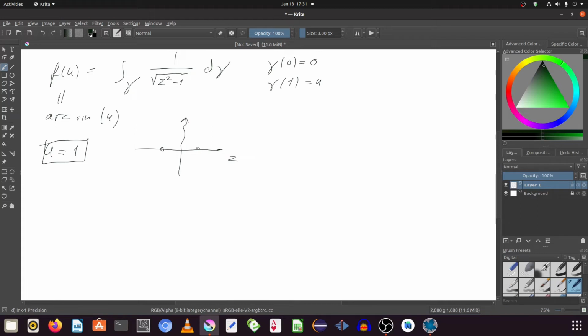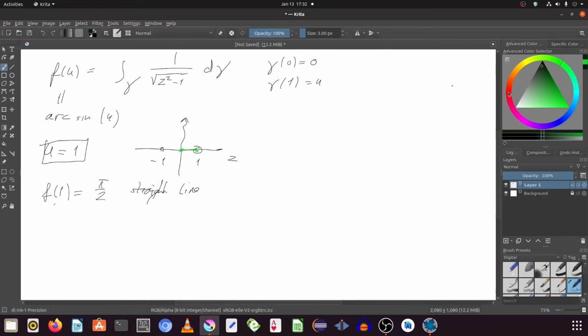So we have the two zeros, and then we go from here to here. And we already know that that's pi half, using the straight line.